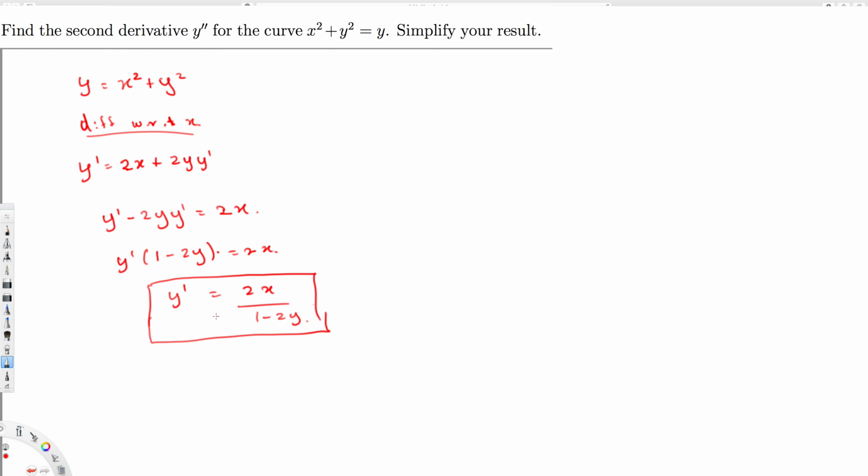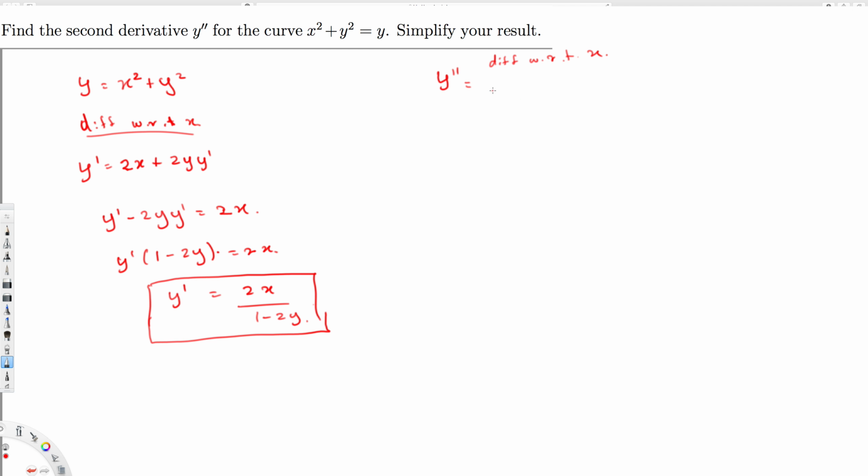We have found y prime now. Now we have to find y double prime. So y double prime is going to be simply the derivative of y prime. To find this, we have to mention that we are differentiating this with respect to x. Now, if you see these two things dividing each other, we have to use the quotient rule here.